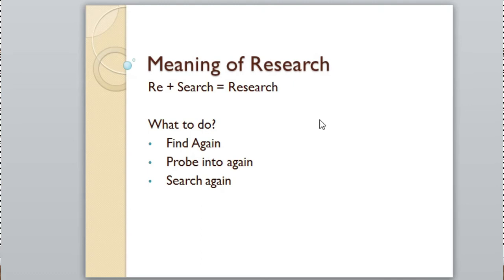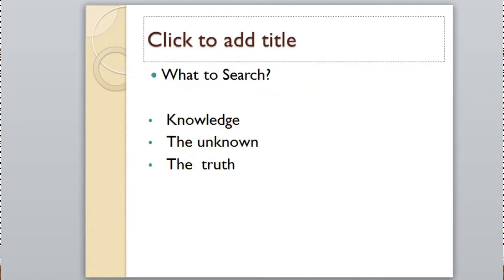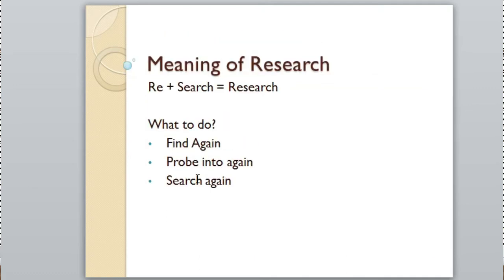So you have to find again and again the recurring, ongoing or newly generating problems in any field. You can say that you have to probe into something again, and search the knowledge in any topic, any problem, any dimension of the study.